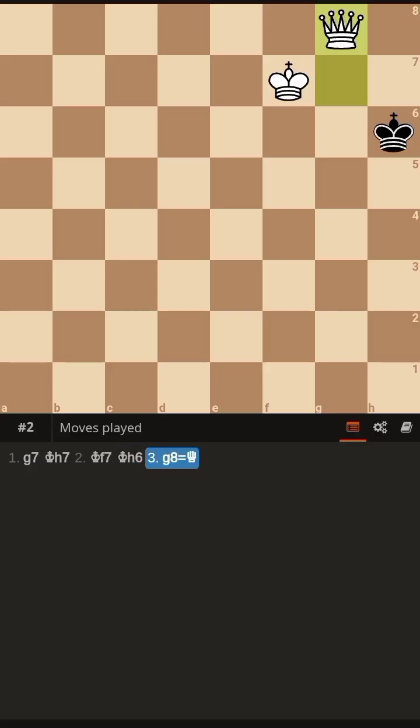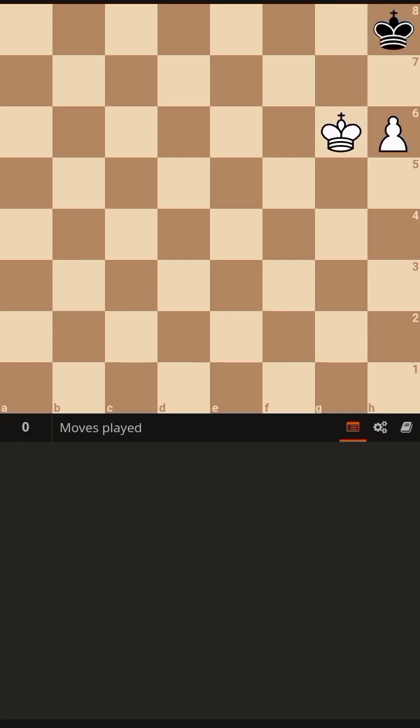So this is winning for white. But if the same position occurs with the h pawn, or the rook pawn, then it is a draw.